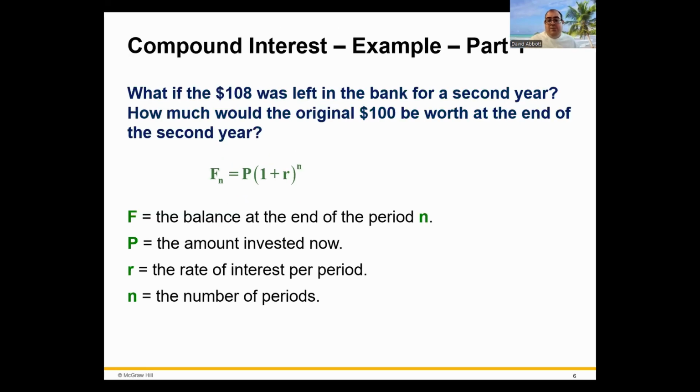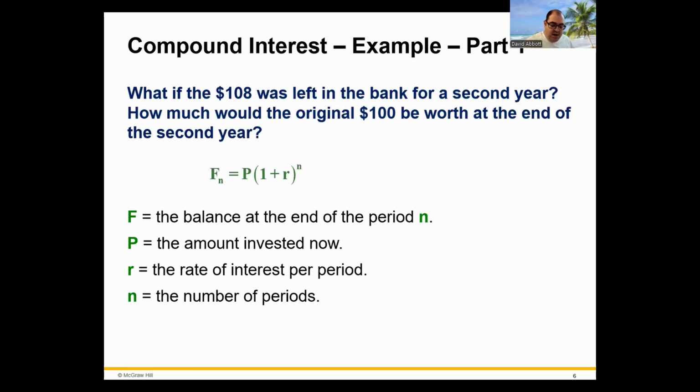So now we also have the concept of compound interest. We looked at simple interest, and now we're going to talk a little bit about compound interest. What if the $108 was left in the bank for a second year? How much would the original $100 be worth at the end of the second year?